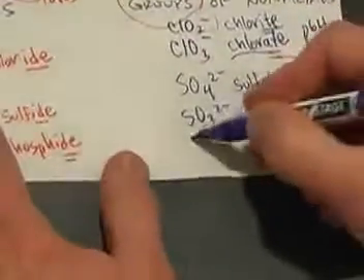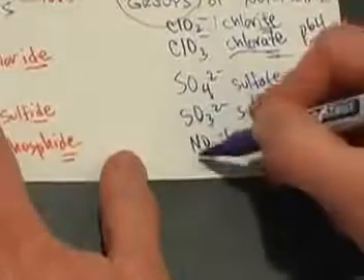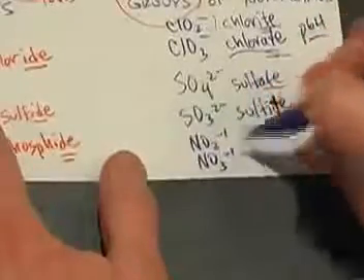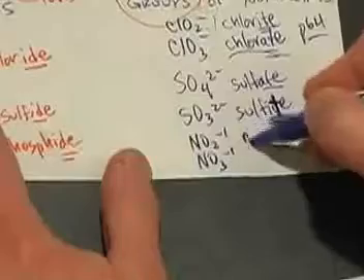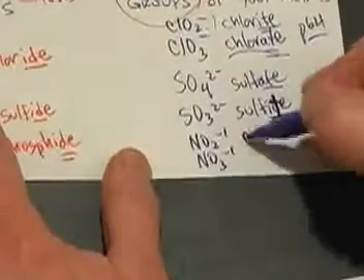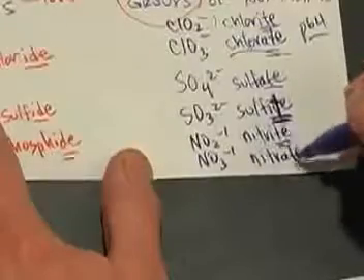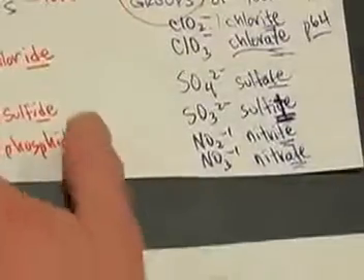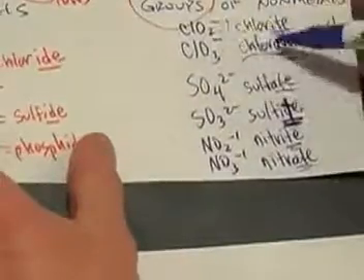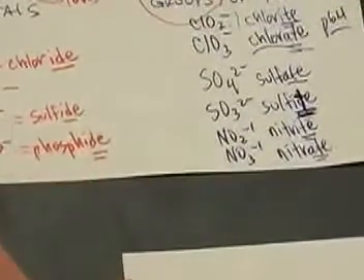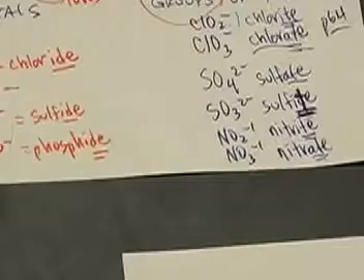Another example of that would be NO2 with a -1 charge and NO3 with a -1 charge. NO2 is called nitrite, and NO3 is called nitrate. Ite because it has one less oxygen than the ate. And the only way you know these, once again, is by memorizing the formula, charge, and name of them. And there'll be a number of those for you to name.